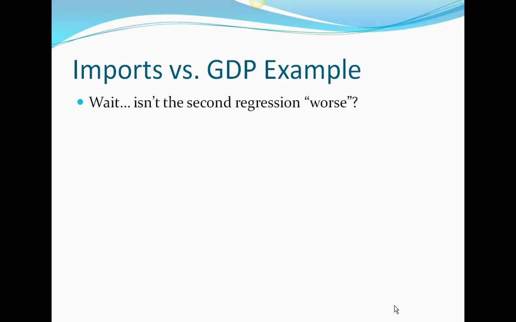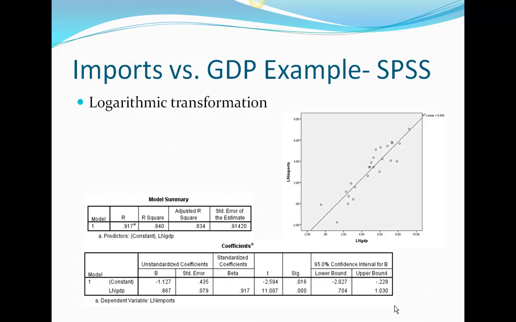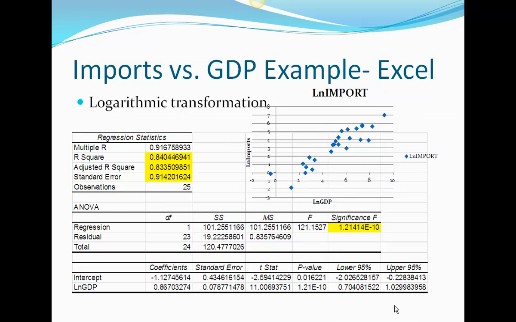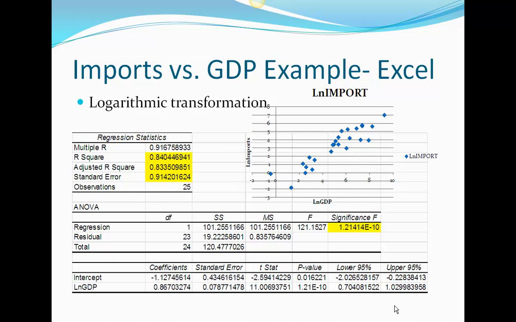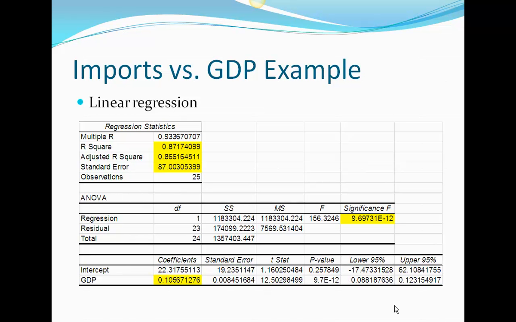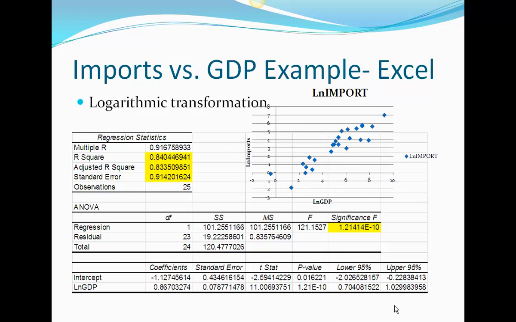Because I've been telling you to look at your r squared and adjusted r squared from each of your models. Well, if we look at our linear regression, our r squared is 87. If we look at our logarithmic regression, it went down to 84. Now, the standard error did in fact decrease, but the r squared would give you pause here.